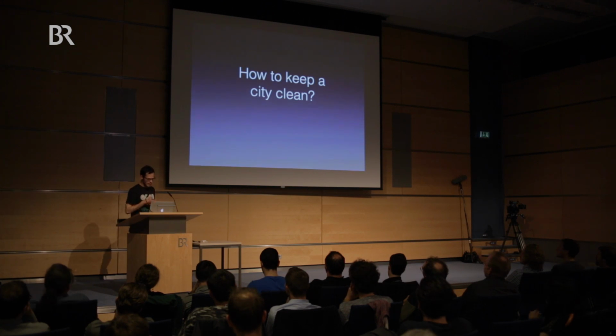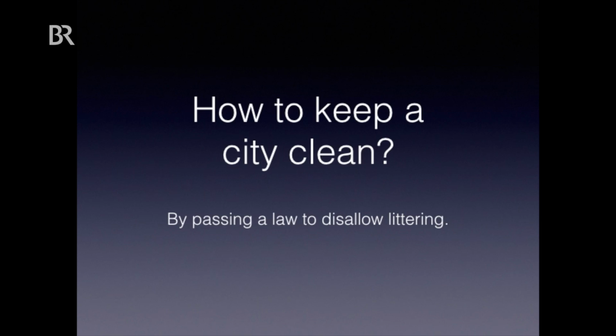And there's another parallel. If you think about how you can make sure that a city is always clean, one solution would be, okay, you pass a law that littering is disallowed, so you basically state some rule. But that's not enough. What's also important is that you then enforce this law or these rules.